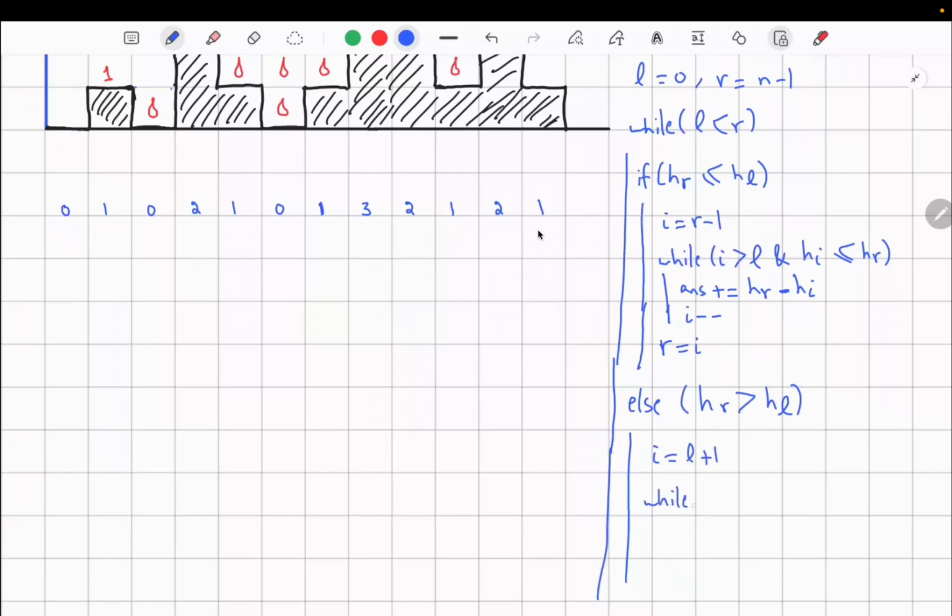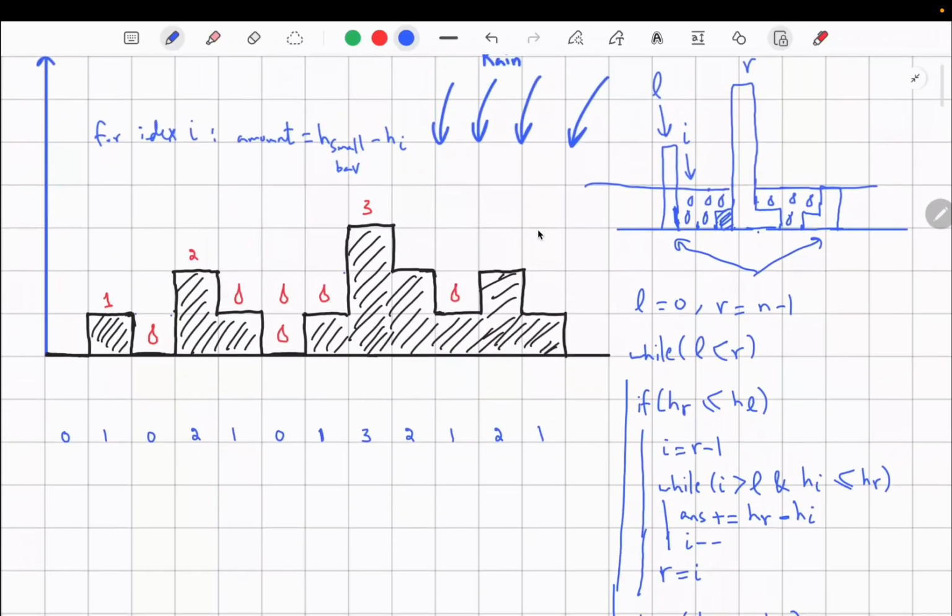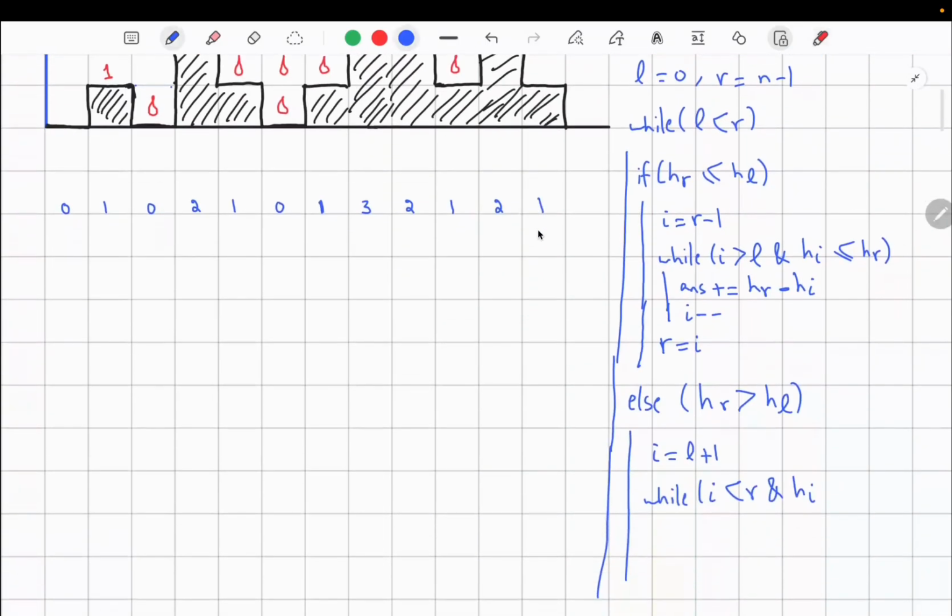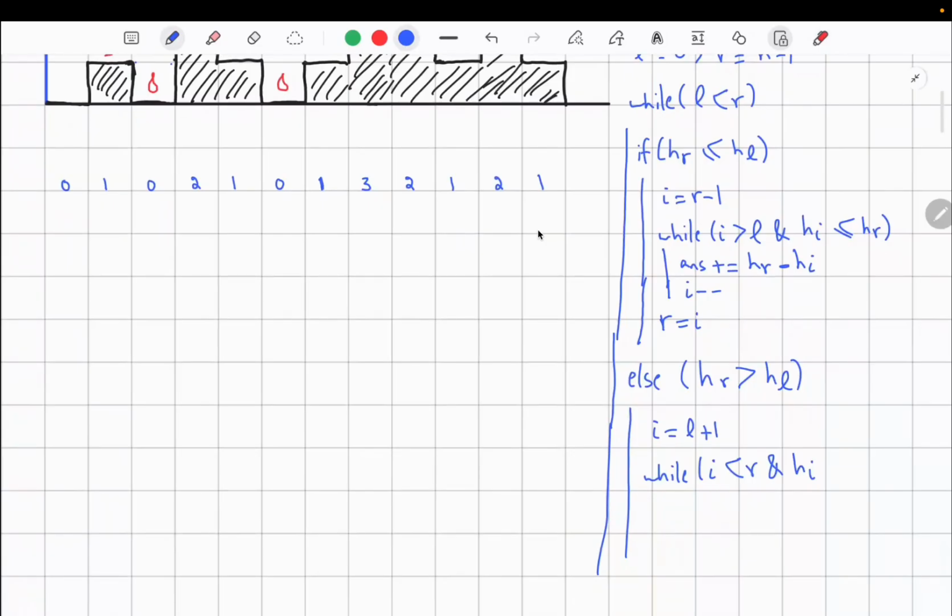So while I does not touch right, which means less than right, and the height at I, in order to be able to trap water, must be below this line, sorry, not this line, it's this line. So it must be below the height of the smaller bar, which is L. So while I is less than right and the height at I is smaller than or equal to the height at left, what should we do?